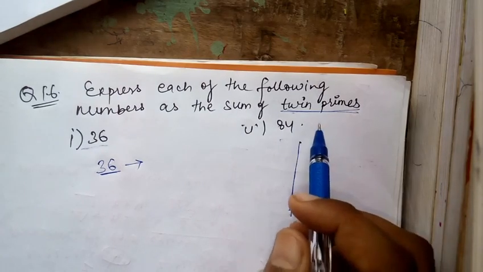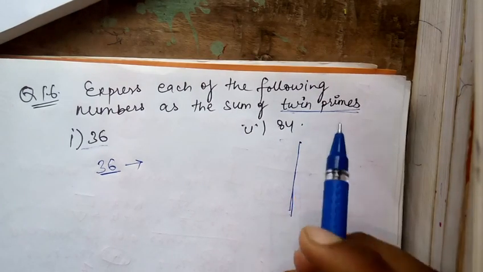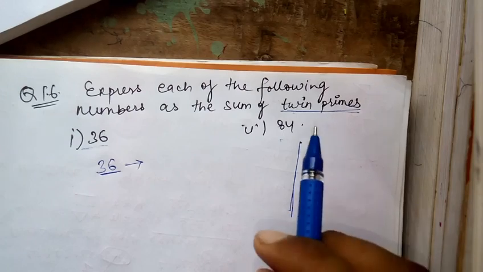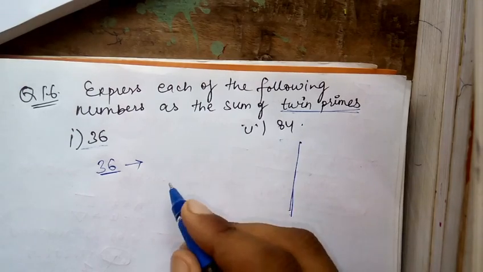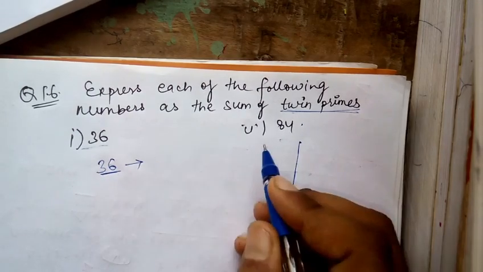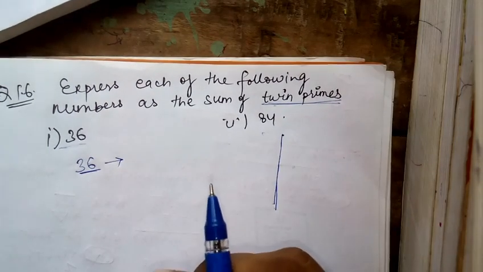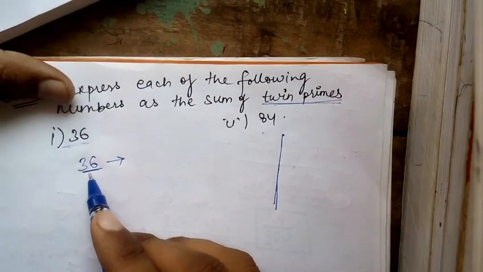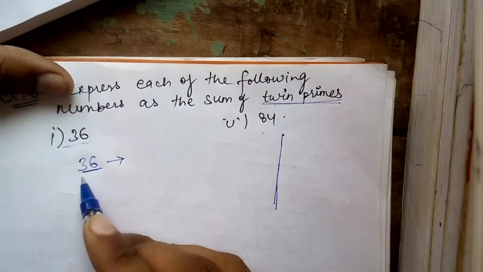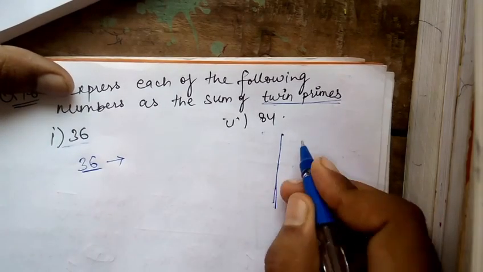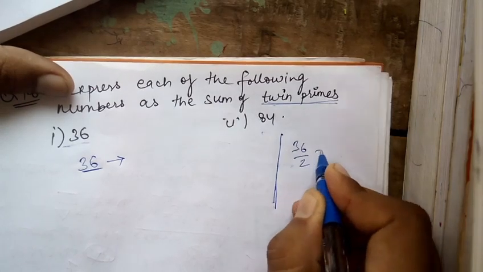We have to think of two numbers which should be consecutive odd and prime also, and their sum is equal to 36. For finding such numbers you can follow a trick: first halve the given number. If you halve 36 by 2, you will get 18.